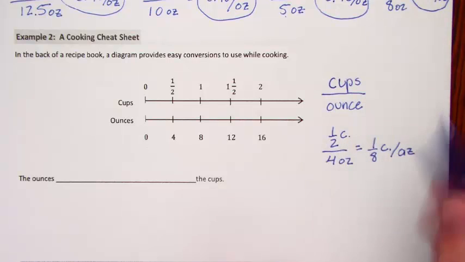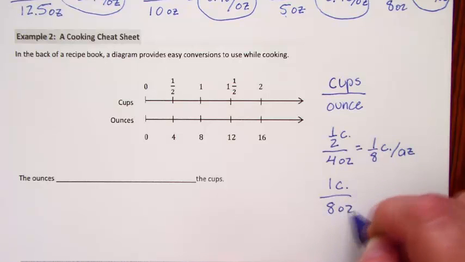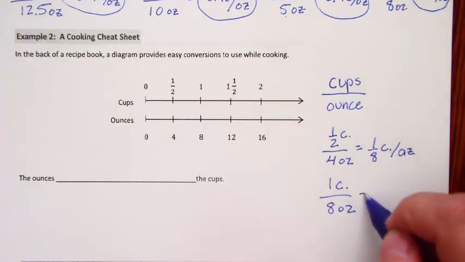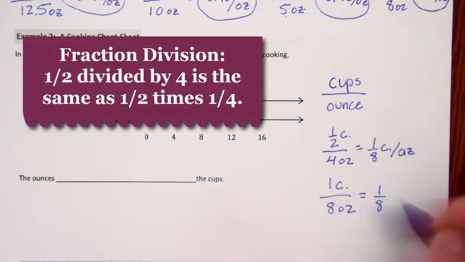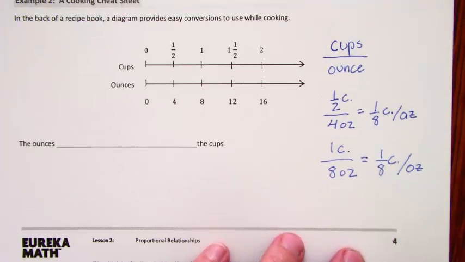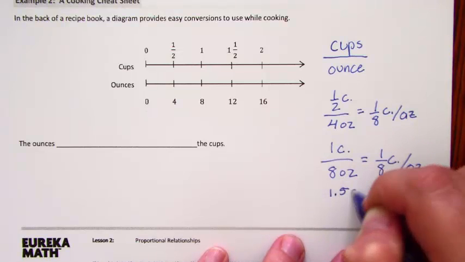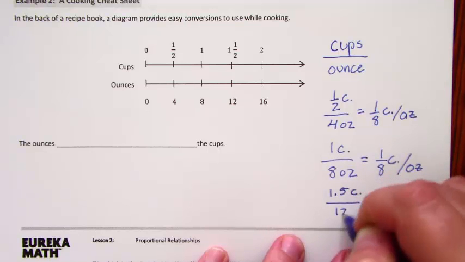Now we're going to look at 1 cup for 8 ounces. Well, that's 1/8 of a cup per ounce. 1 divided by 8 is 1/8 of a cup per ounce. Let's check 1.5 cups. I'm going to turn that into a decimal, which is okay to do. 1.5 cups for 12 ounces.